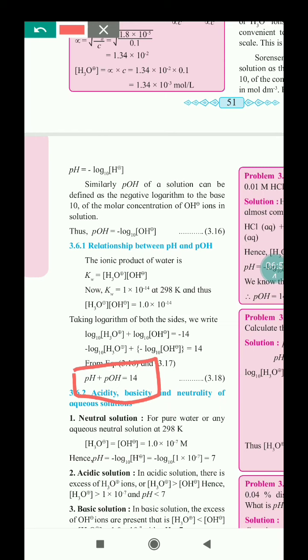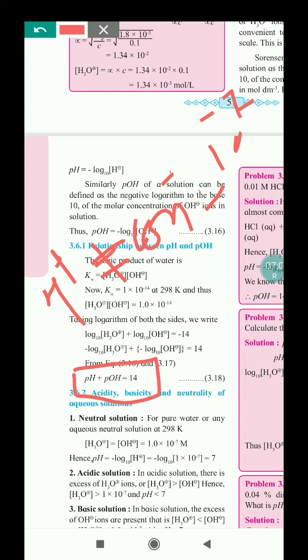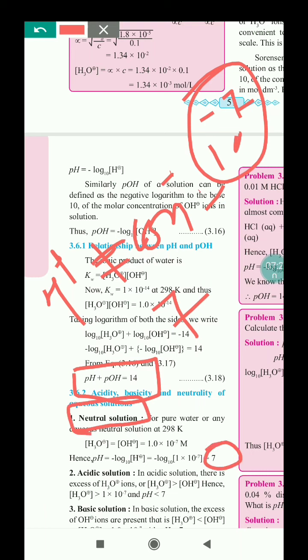Now for water molecule, concentration of H positive is equal to concentration of OH negative, and that is equal to 10 to the power minus 7, and therefore for neutral solution, minus log of 10 to the power minus 7 is equal to 7, and hence for neutral solution pH is equal to 7.